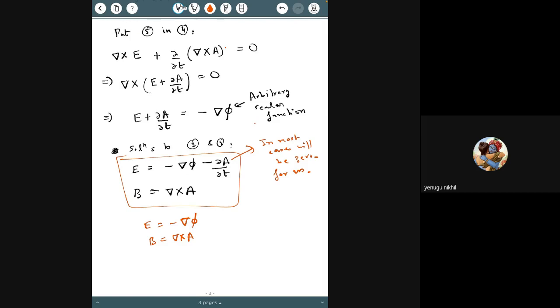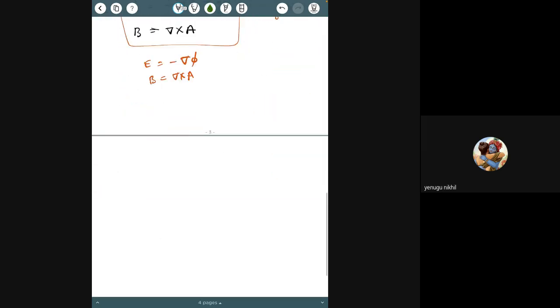Fine. Now we come to the gauge problem. So what is the gauge problem? The gauge problem is that since the electric and magnetic fields are defined by derivatives of potentials, then phi and A are not unique.